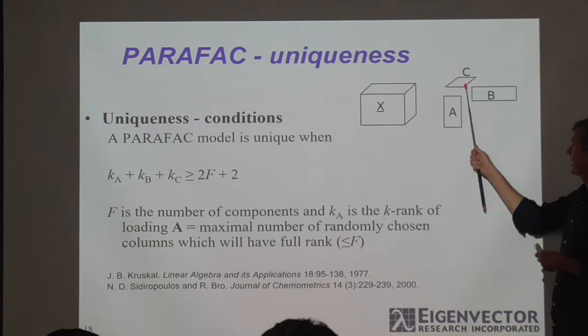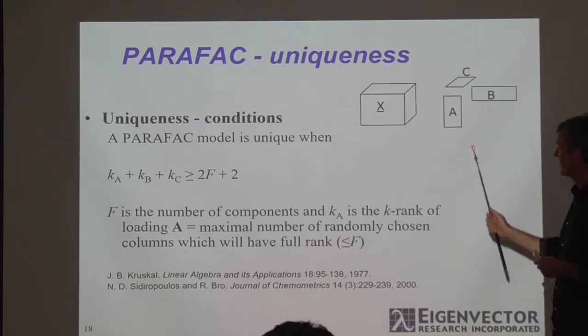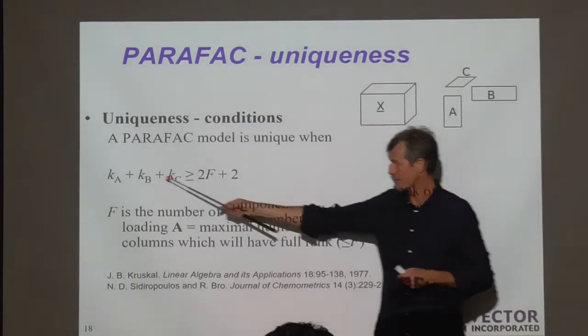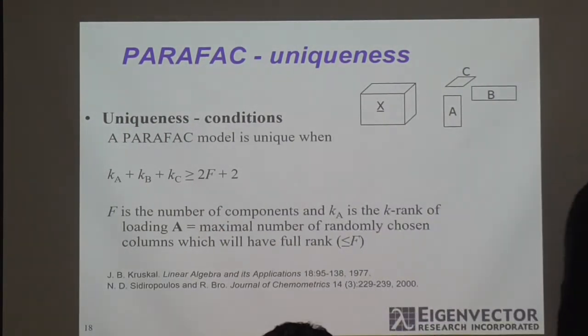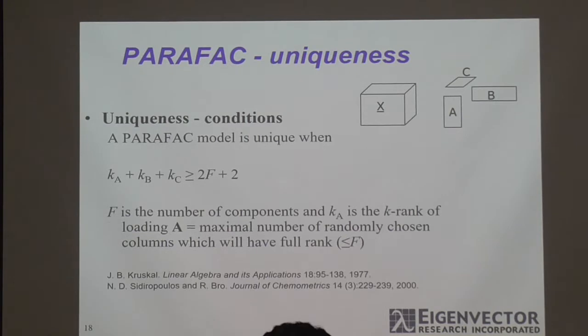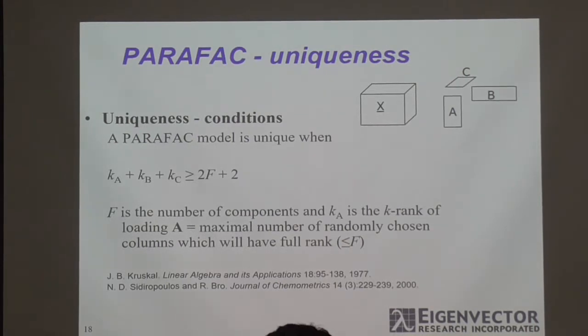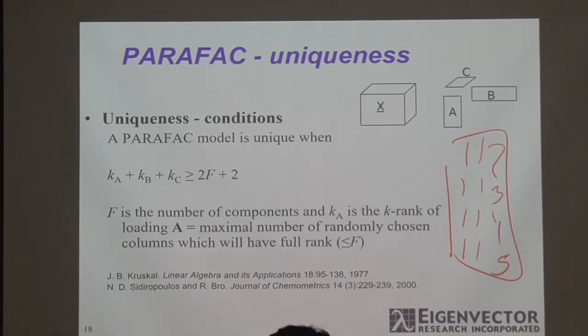If you found A, B, and C, we can define something called the K rank of the matrix. Now, to explain the K rank, let me show you. Let's say we have a matrix like this. 1, 1, 1, 1, 1, 1, 1, 1, 2, 3, 4, 5.